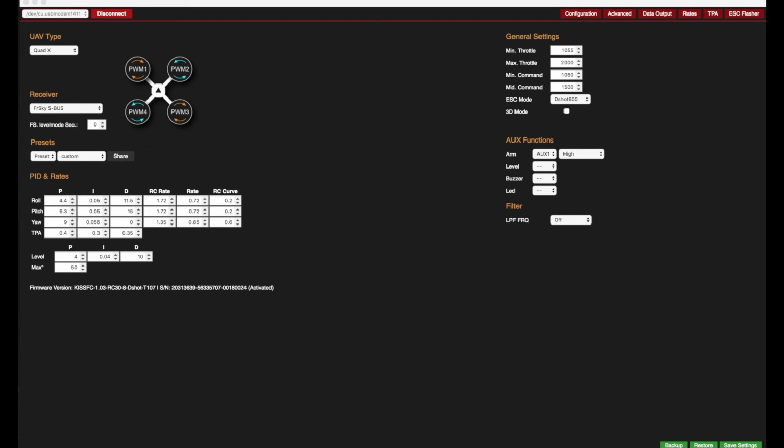Speaking about these values, I generally have the roll and the pitch the same because it's all on the same stick, and I don't want any abnormalities in terms of the feel.